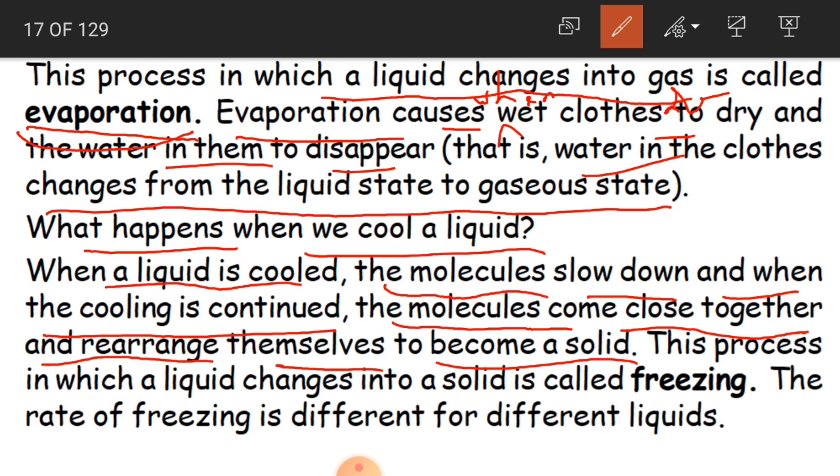This process in which a liquid changes into a solid is called freezing. What is it called? It is called freezing.